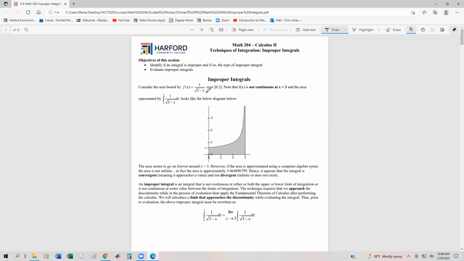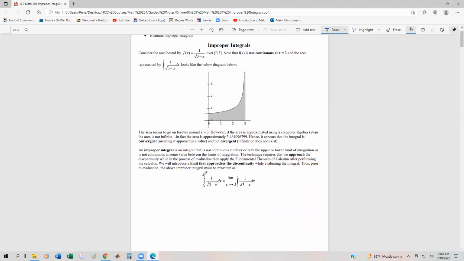If we were to graph it, it looks like the area is eventually going to squeeze off. It looks asymptotic and merges towards 3. So instead of evaluating at that endpoint, we take the limit as the value approaches that endpoint.